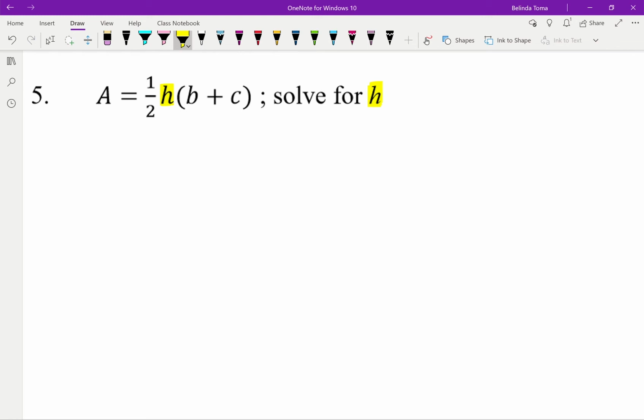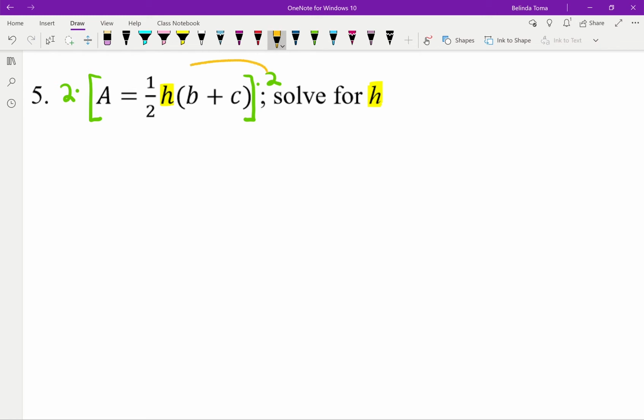So what I'm thinking is I want to leave the h there, but I want to get rid of that 1/2. And it's a 1/2 times h, so we might think divide by 1/2, but remember, dividing by a fraction is tricky. So what we can do instead is multiply by the reciprocal of a 1/2, and the reciprocal of a 1/2 is 2. So I'm going to multiply both sides of this equation by 2.